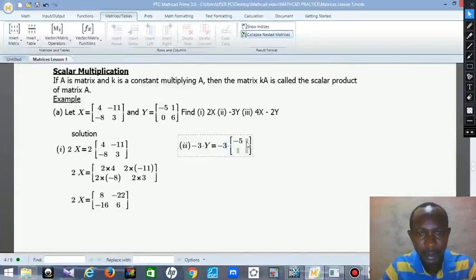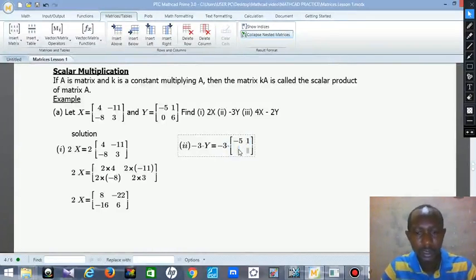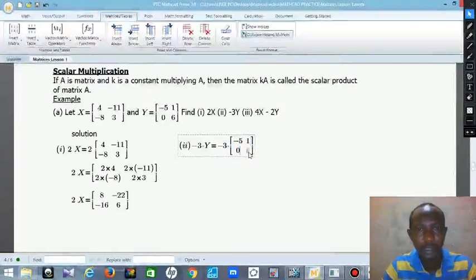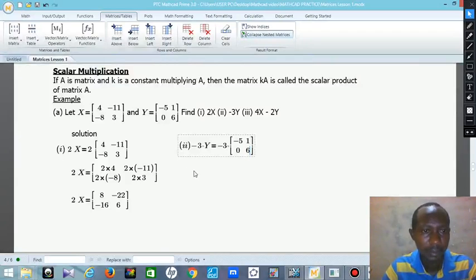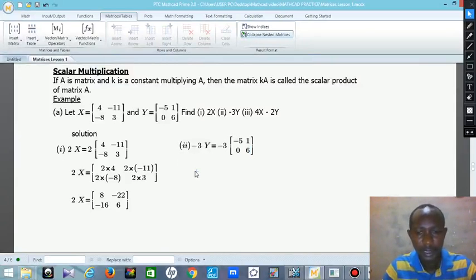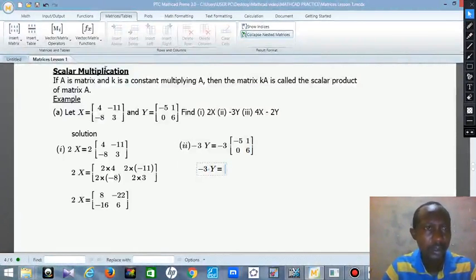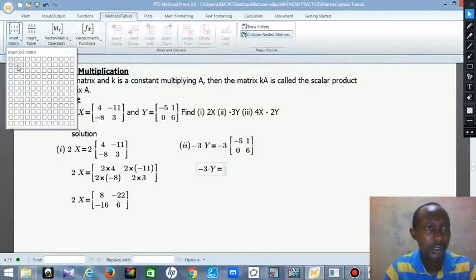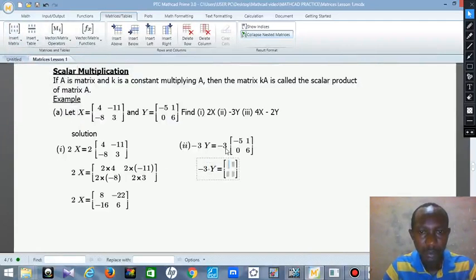Minus 3 multiplied by the matrix. The next step is minus 3y is equal to, let's get the matrix, so minus 3 we times each of these elements. So that is all we are doing.